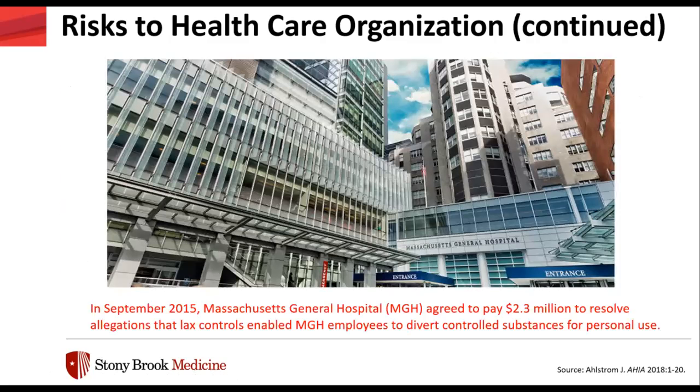This is a prominent situation that occurred at Massachusetts General Hospital. I wanted to expand on this to show that healthcare organizations are also at risk due to drug diversion. In September 2015, Massachusetts General Hospital agreed to pay $2.3 million to resolve allegations that lax controls enabled their employees to divert controlled substances for personal use.